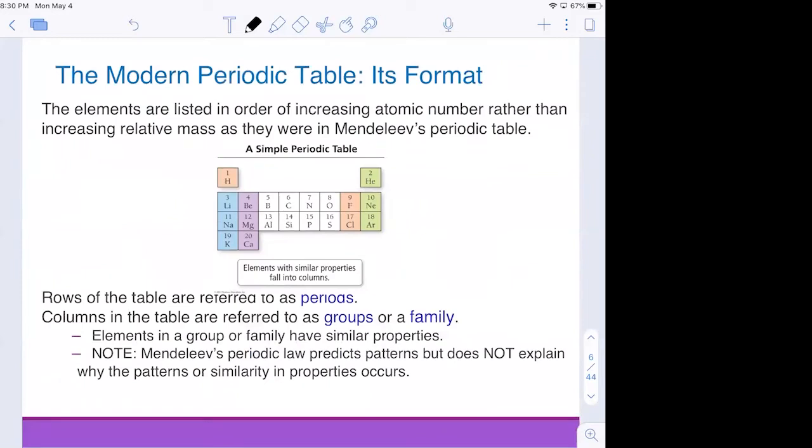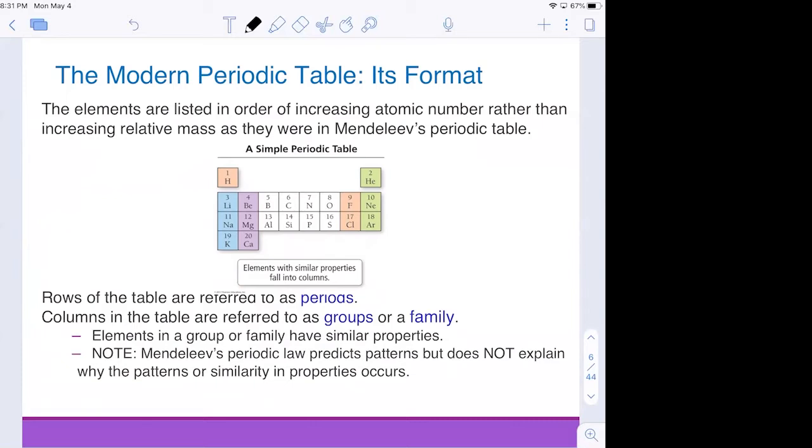The modern periodic table, what's its format? The elements, again, are still listed in order of increasing atomic number. Why we don't do increasing relative mass anymore, as they were on Mendeleev's table, is that we know about isotopes now. And so there are some very rare cases where an element with a larger proton count actually has a lower mass.